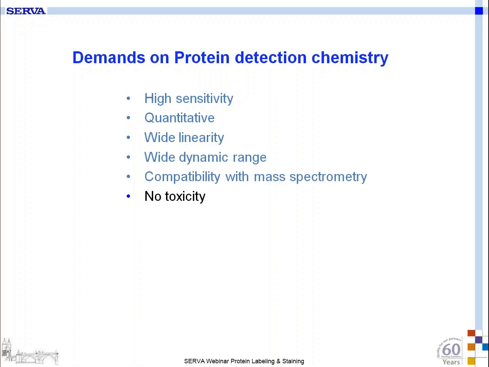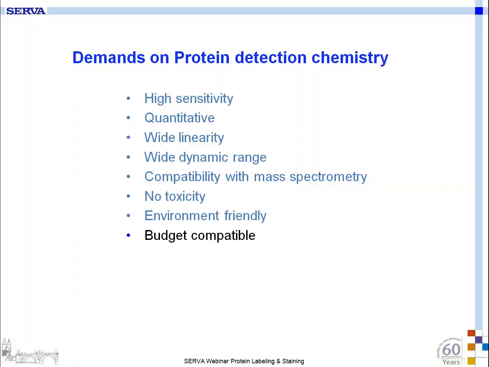This is quite new in the last years, with the reports of stains and dyes, and they are toxic, so there should be no toxicity inside your chemistry. This is new from the last years, and it is environmentally friendly.